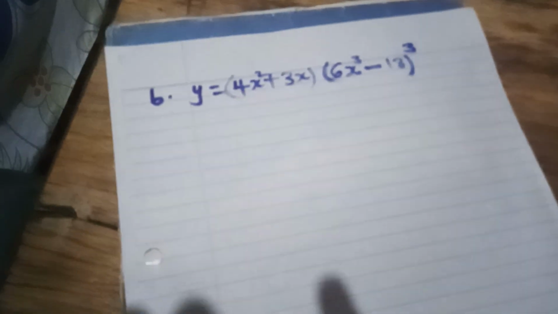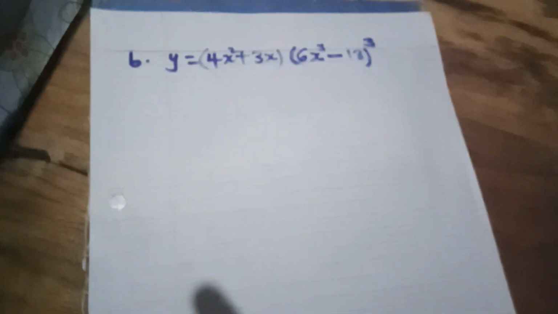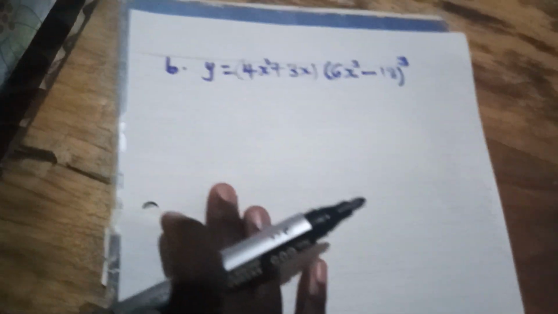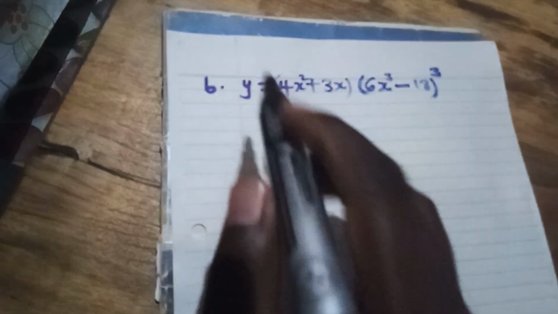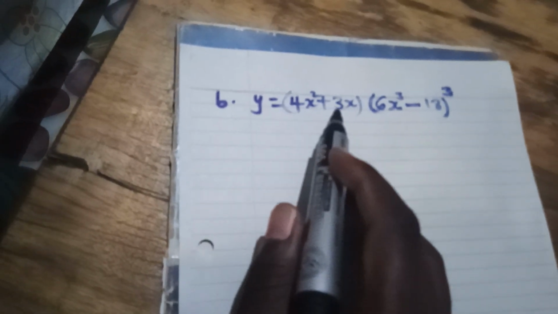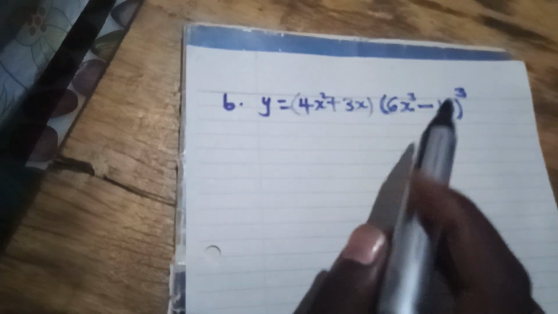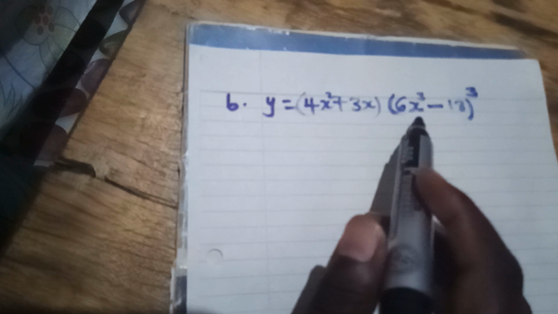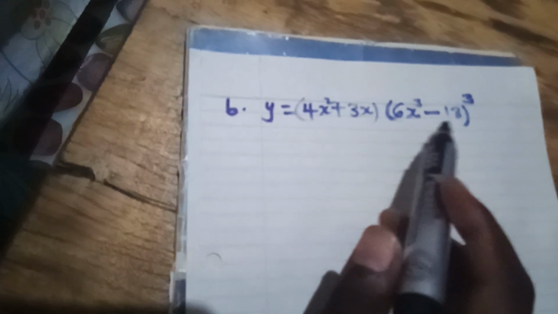Let us look at the second example that is very technical to this topic as we finalize on product rule. We have been given the function y is equal to 4x squared plus 3x multiplied by 6x cubed minus 18 to the power 3.